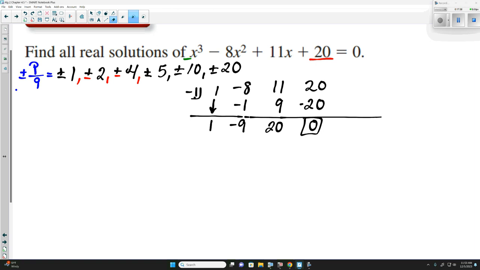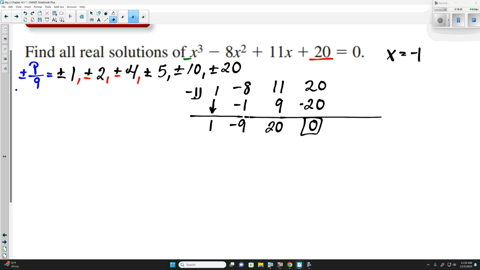So that told us one of the solutions is that x is equal to negative 1. Now at any step, if a solution doesn't work, it's not going to work in any of the following. So since 1 and 2 did not work originally, they're not going to work at this step. So with 1, negative 9, 20, if we tried 1 or 2, it wouldn't work.